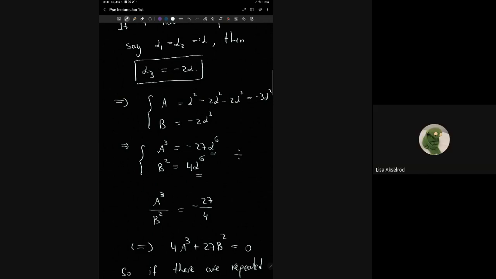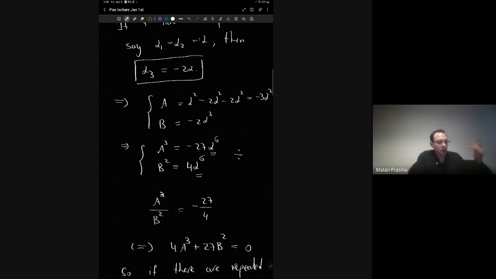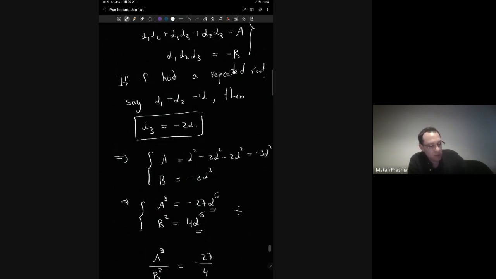And it doesn't matter that we, for example, can't go back from this exponentiation. What I wanted to reach is that if I have a repeated root, then the discriminant is 0, and vice versa. You should think of it as a chain of reasoning. I start with the assumption that I have a repeated root.